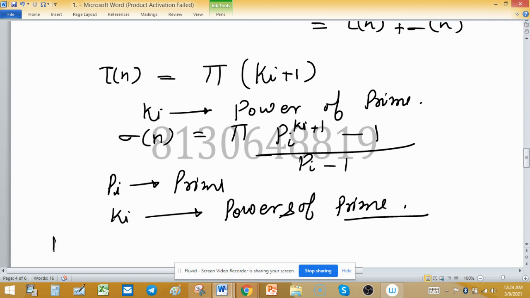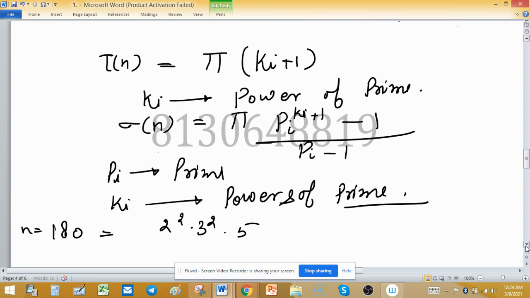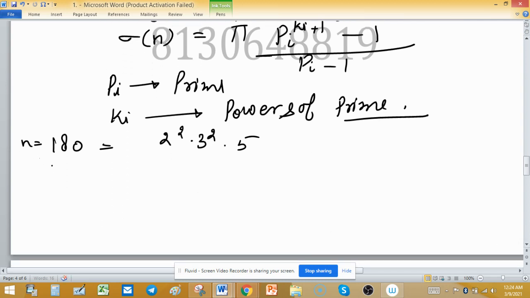For example, consider n = 180, which is 2 squared into 3 squared into 5. Then tau of 180 is the product of the powers each increased by 1.